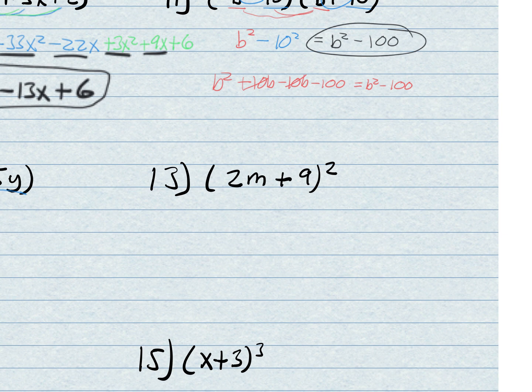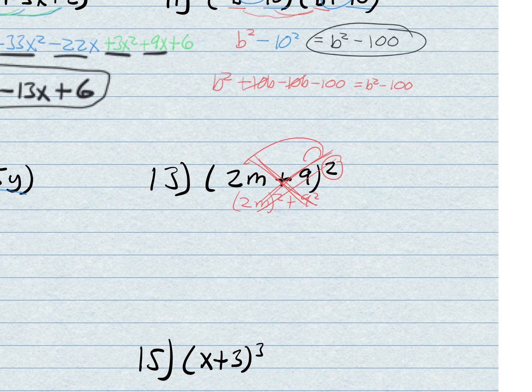One thing that I will always emphasize: when you see something like this, 2m plus 9 squared, you cannot raise both of these terms to the second power and do 2m squared plus 9 squared. That is absolutely wrong. You will not get full credit if you do it this way. And it is very tempting.